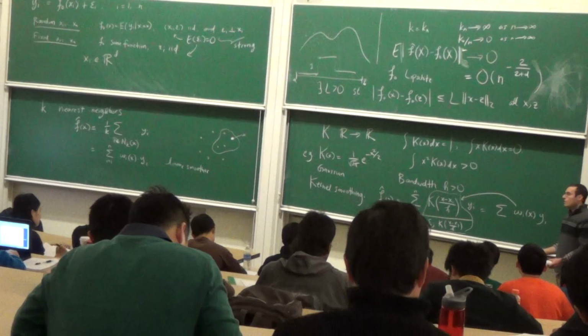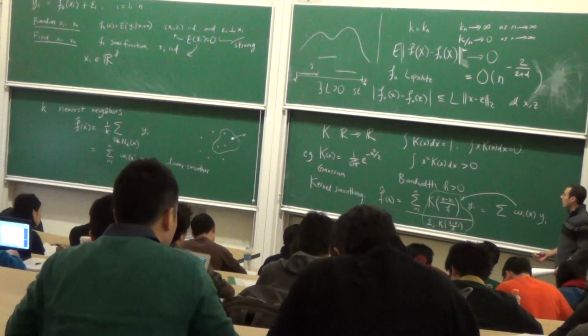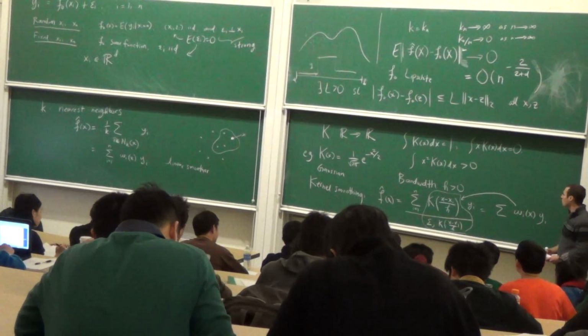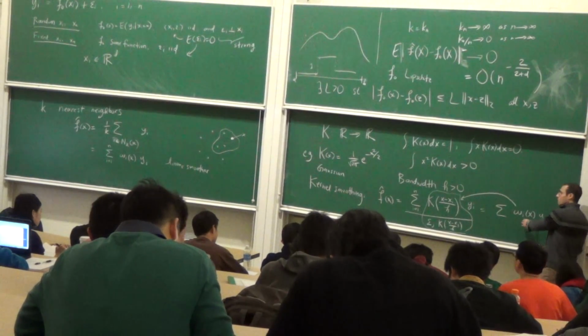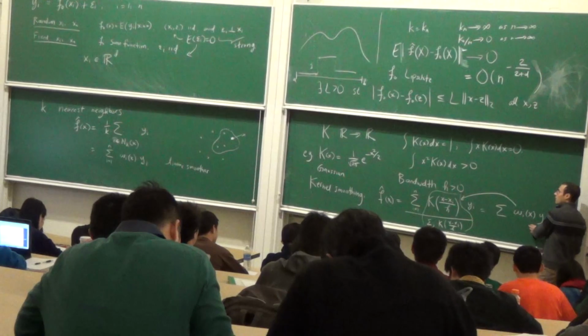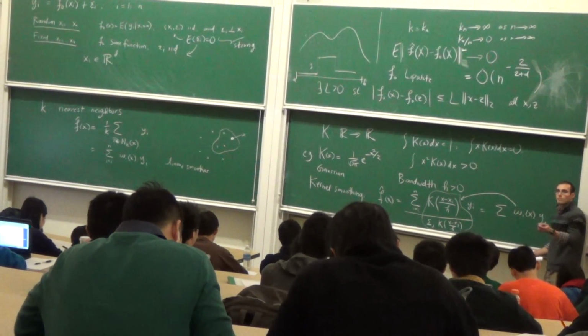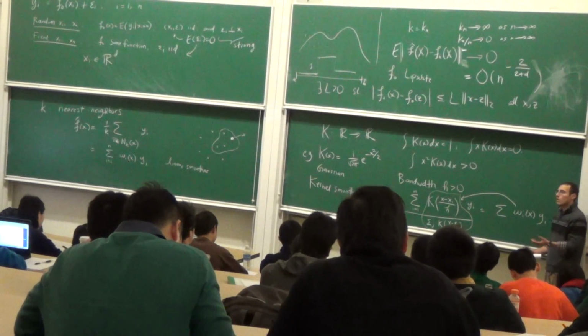Let's make an analogy between k nearest neighbors and kernel smoothing. First of all, they're both linear functions of the data, of the output yi. And in both cases, the weights sum to 1. Across all i's, these weights sum to 1.